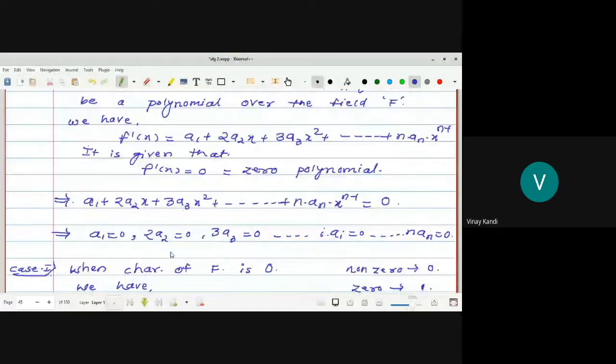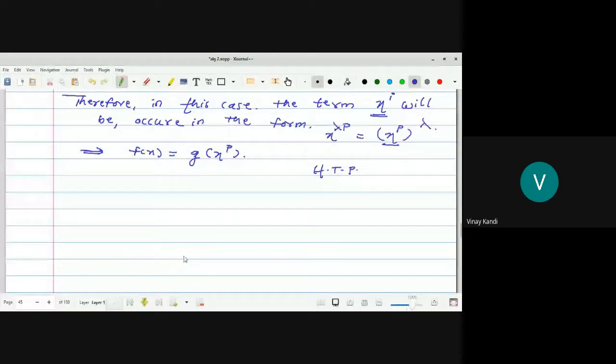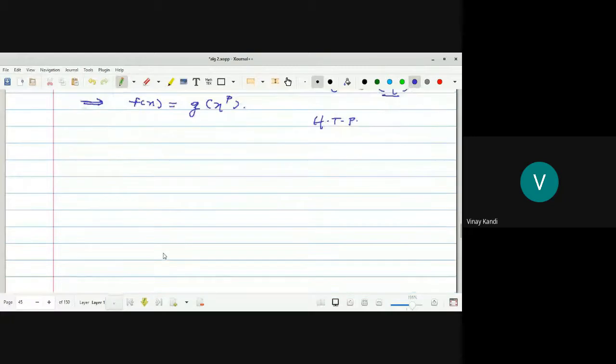Okay, so moving towards the next theorem, for any f of x and g of x belongs to capital F of x, right? So next one, for any f of x and g of x.